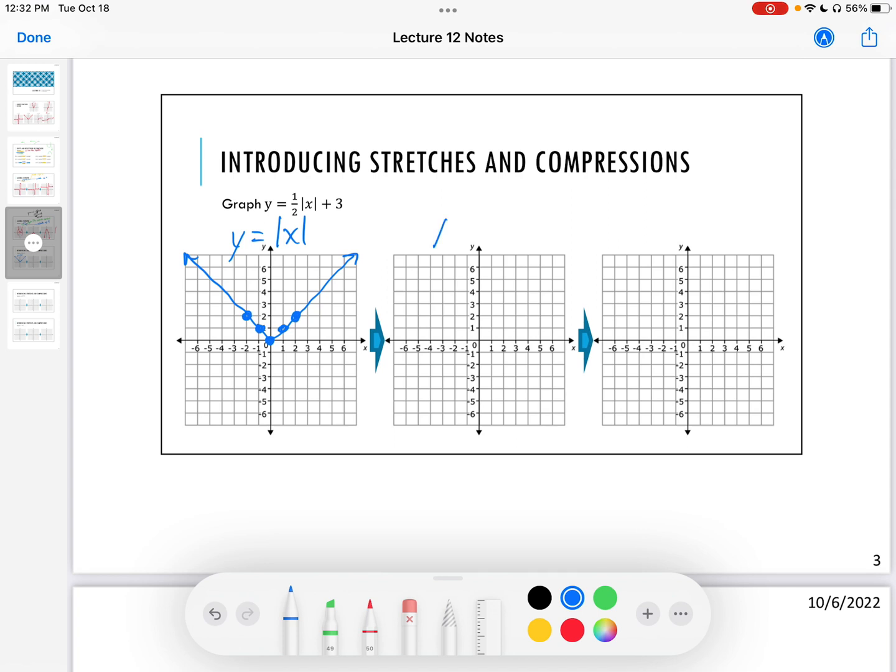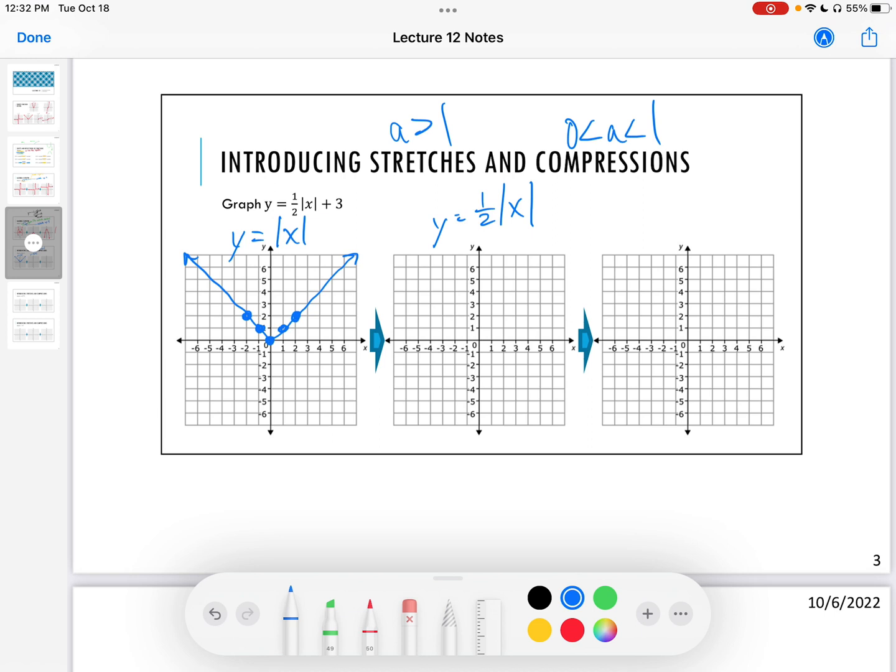Now, the next thing that I need to graph is this 1/2 x. When we multiply by a number, whether it be a fraction or a whole number, it is going to cause these graphs to stretch or compress. Any value that is greater than 1 is going to make it stretch, and any value that is between 0 and 1 is going to make it compress.